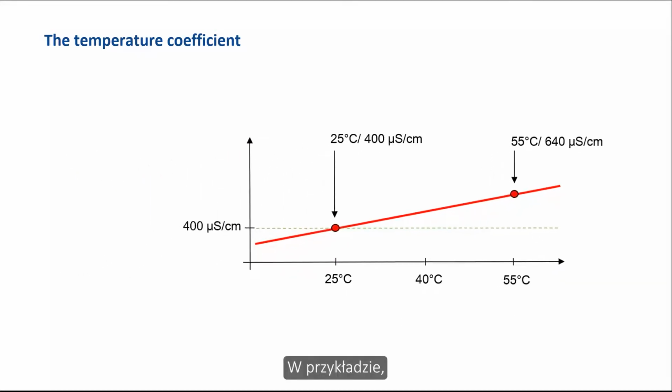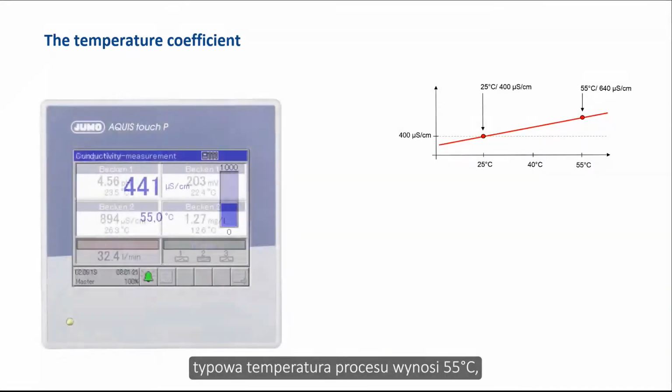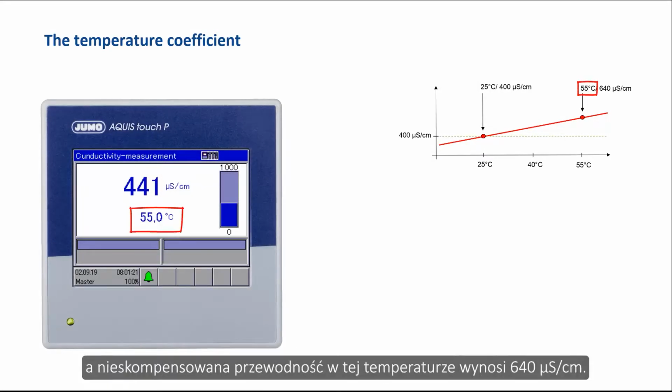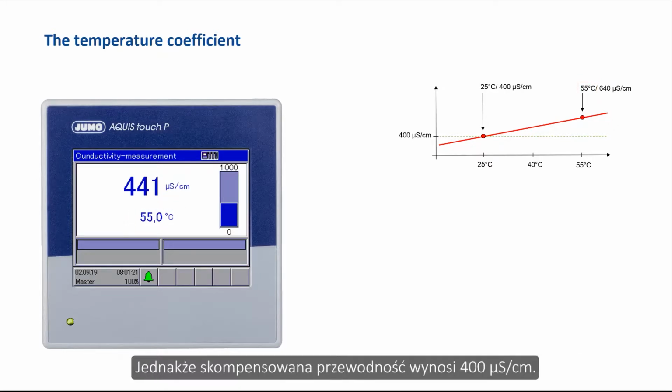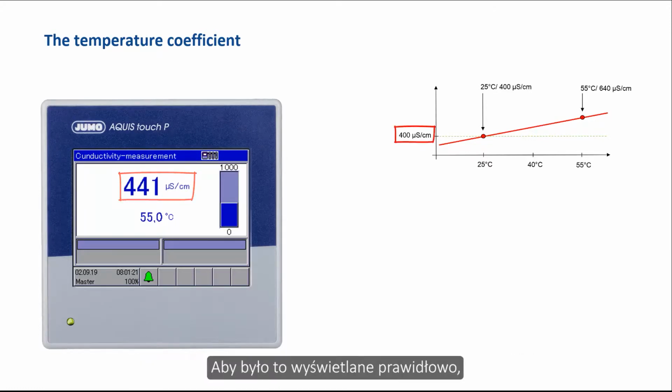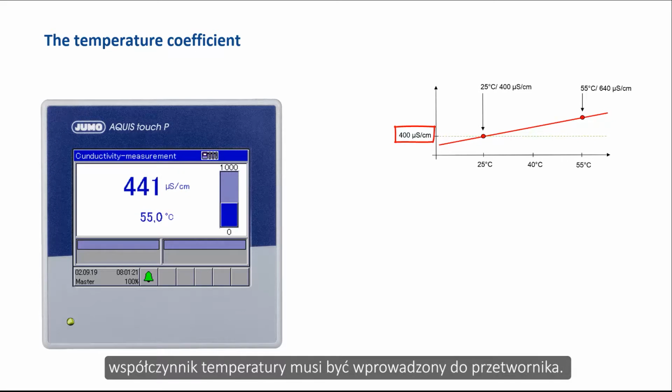In the example, the typical process temperature is 55 centigrade and the uncompensated conductivity at this temperature is 640 microsiemens per centimeter. However, the compensated conductivity is 400 microsiemens per centimeter. For this to be displayed correctly, the temperature coefficient must be entered in the transmitter.